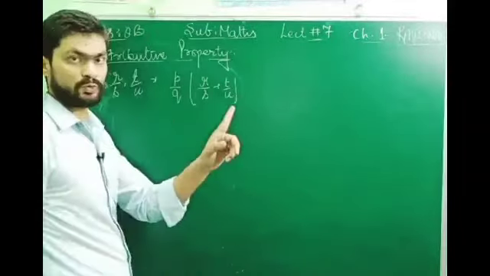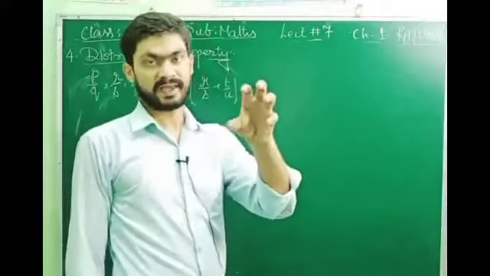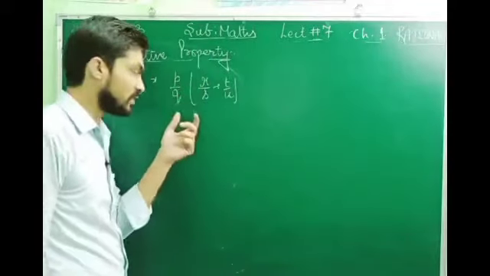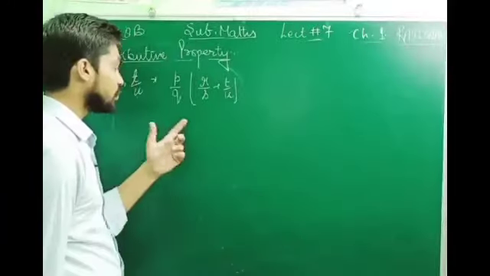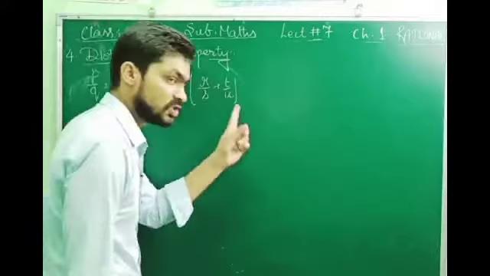My dear children, you know that when a quantity is written within brackets, and outside there is a quantity with no sign between them, there is the sign of multiplication. So we will multiply P by Q with the sum of R by S and T by U.